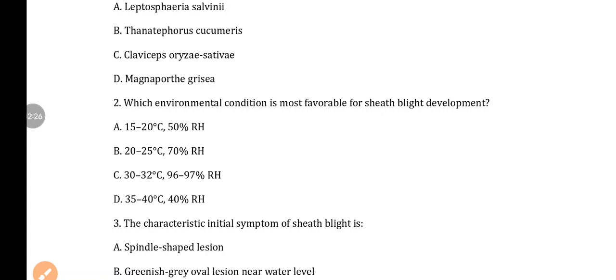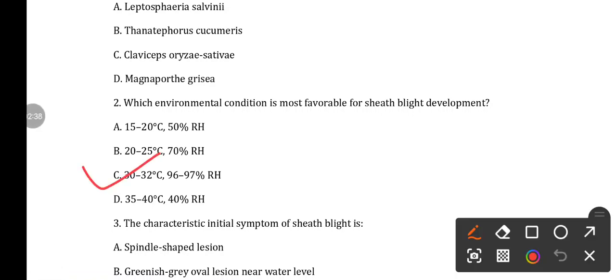Option C, 30 to 32 degrees Celsius with 96 to 97% RH. And option D, 35 to 40 degrees Celsius with 40% RH. So here the answer is option C, 30 to 32 degrees Celsius with 96 to 97% relative humidity.